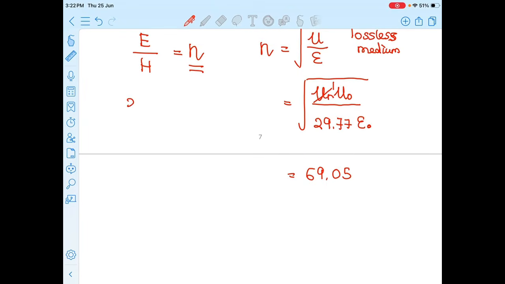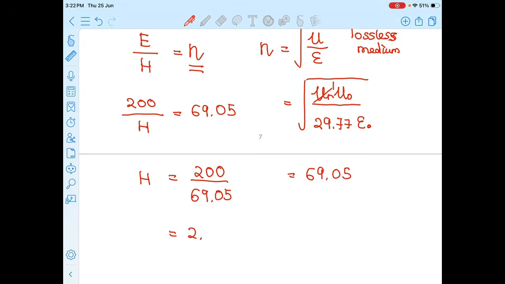The electric field has an amplitude of 200. H is the amplitude of the magnetic field that we want to calculate, and for eta we replace it with 69.05. So H is equal to 200 divided by 69.05, and it is equal to 2.896.